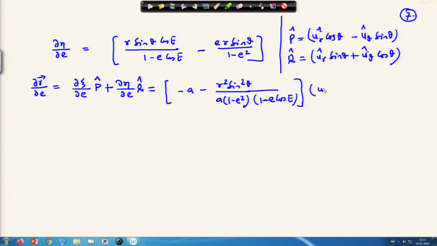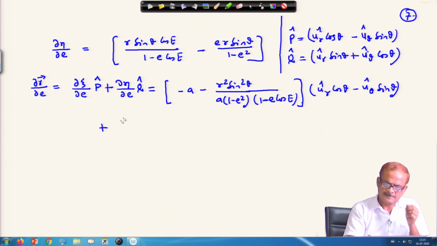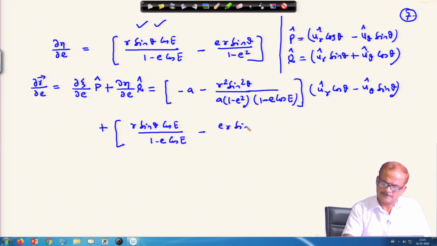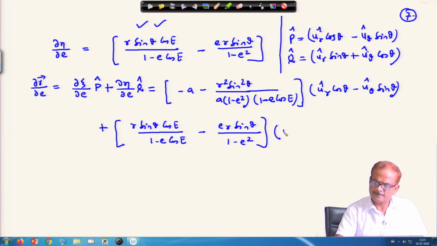Times p cap, which is nothing but u r cap cos theta minus, and plus then dou eta by dou E. So, the term which is here, r sin theta cos E minus E r sin theta, and this is then multiplied by u r cap, theta cos theta.